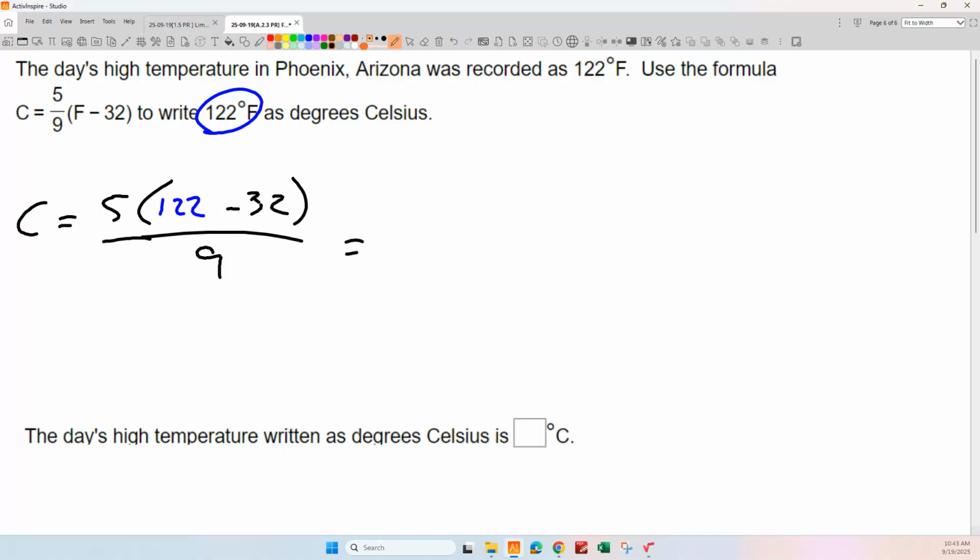What would we do first to simplify? Subtract. Now that's parentheses first when we're simplifying, right? So 122 minus 32 is what? Good. And then we could multiply straight across, but it's easier to reduce if we can. What can I do?